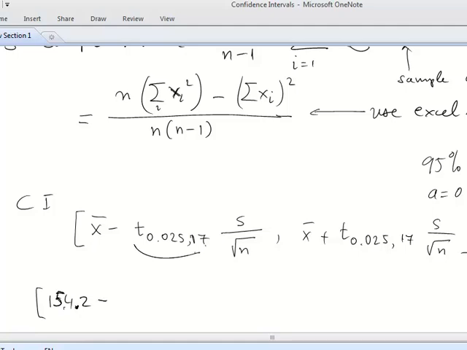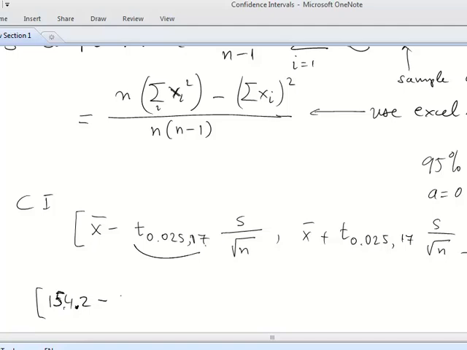Minus, let's see what this critical value is. We look at the tables to find these critical values. You have 17 degrees of freedom and you have 0.025, so you're looking for the 0.025 critical value, and that would be 2.11.